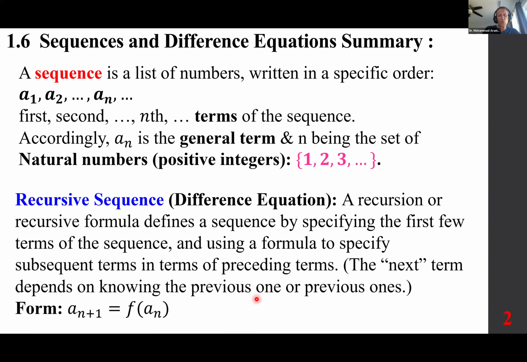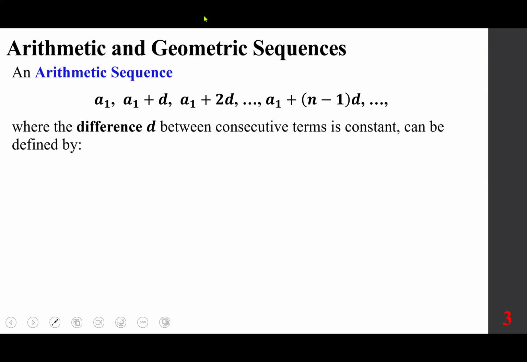A couple of sequences that we are familiar with from algebra: arithmetic and geometric sequences. An arithmetic sequence is in the form of a sub 1, a sub 1 plus d, and so on, which means there is a constant difference, where the difference d, also known as distance between consecutive terms, is constant.